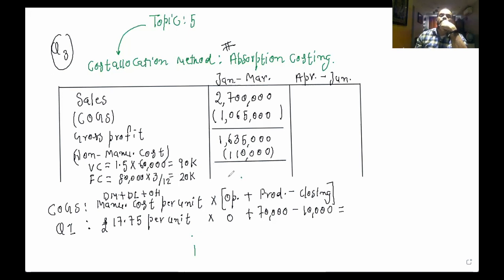Net profit is 1,525,000. All right. So that's your profit for first quarter.